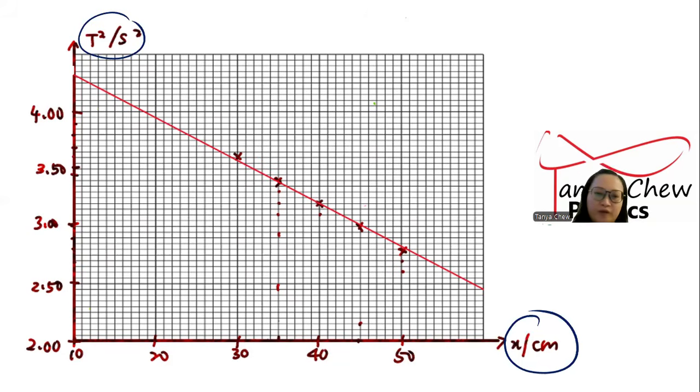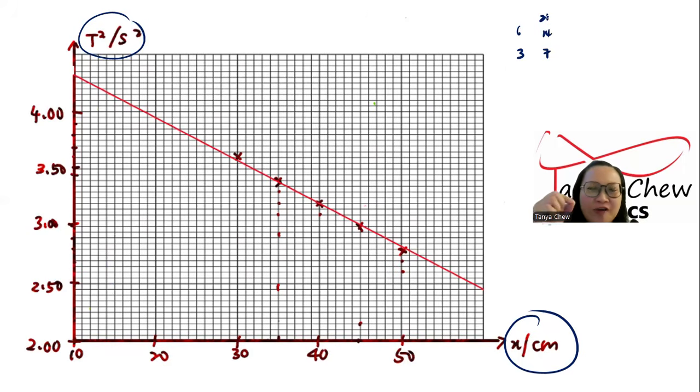So it is very important for you to determine your scale correctly, but never ever use an odd scale. Not odd number, but a weird scale, like maybe 3, 6, or 7, 14, 21. These scales are quite odd.